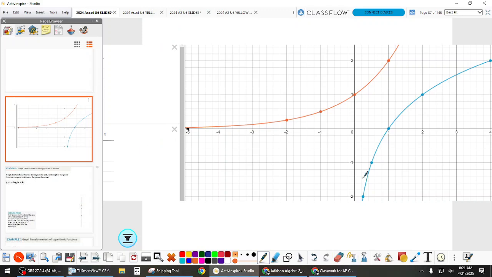Okay, the log function, how would you describe its nevers, like we just did with the exponential one? Okay, which means what? Okay, what did you say? There is no y-intercept. Good.